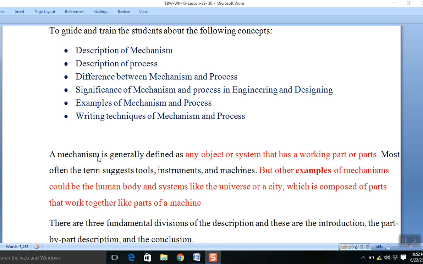For example, we take the concept example of machine. You have the click pencil in your hand. It is a simple thing that you are writing with, and a click pencil is used to write on.